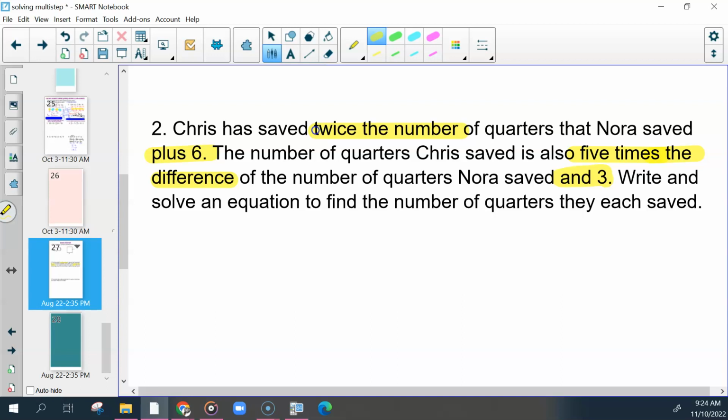That part doesn't really matter. We do need to know that we're finding both Chris and Nora's amount, so that is important, yes. Not what I had in mind, but yes. Say that again.